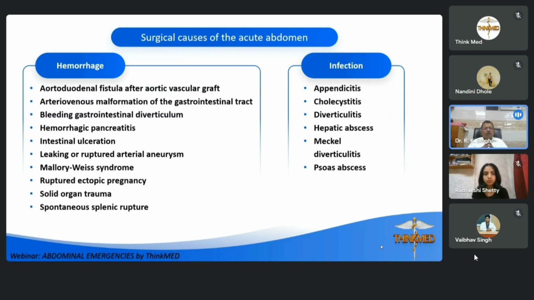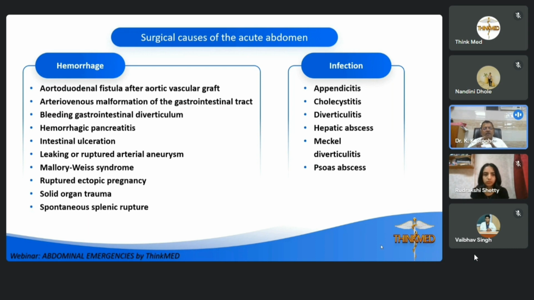So any cause in which there is hemorrhage, like fistula in aortic vascular graft, arteriovenous malformation, bleeding gastrointestinal diverticulum, hemorrhagic pancreatitis. Especially ruptured ectopic pregnancy, spontaneous splenic rupture, in which you will have hemorrhage. With acute abdomen, if you have hemorrhage, then these are the causes which you have to think.